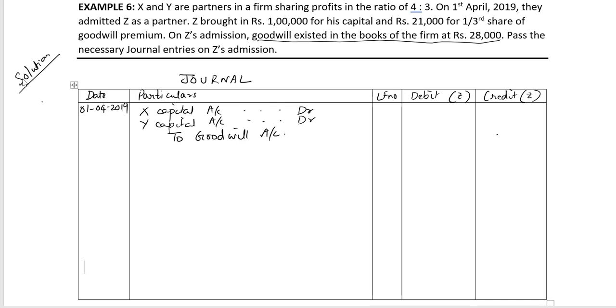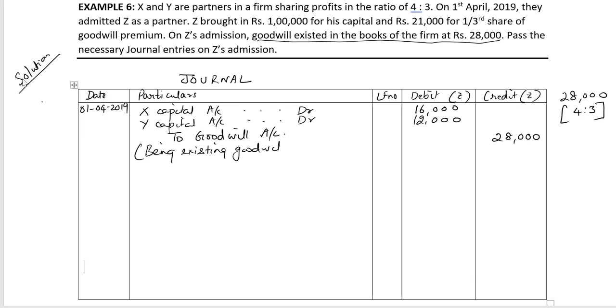The amount of existing goodwill is 28,000 and 28,000 rupees needs to be written off in OPSR, which is 4:3. So we have 16,000 against X and 12,000 against Y. Narration being existing goodwill written off.